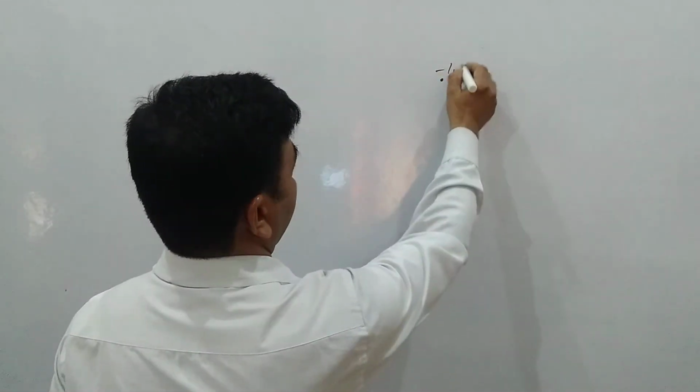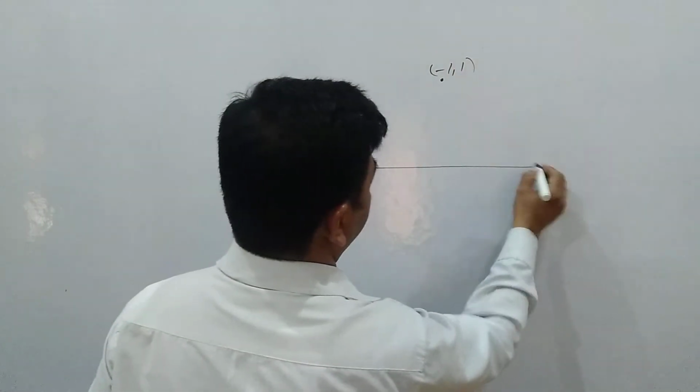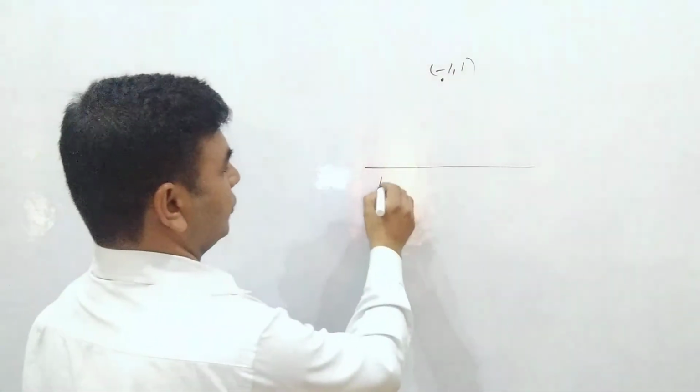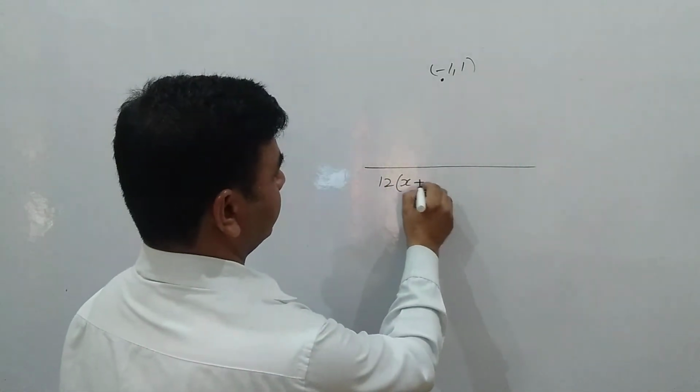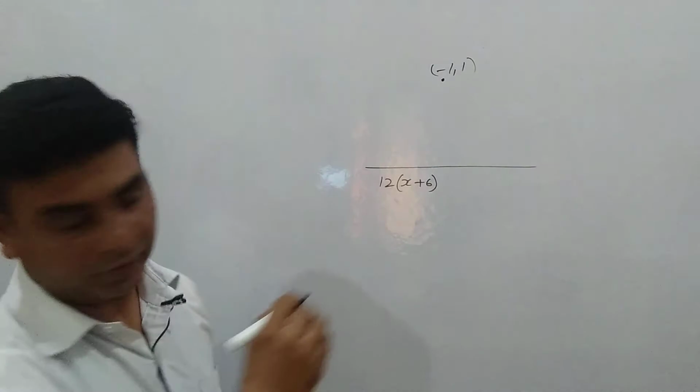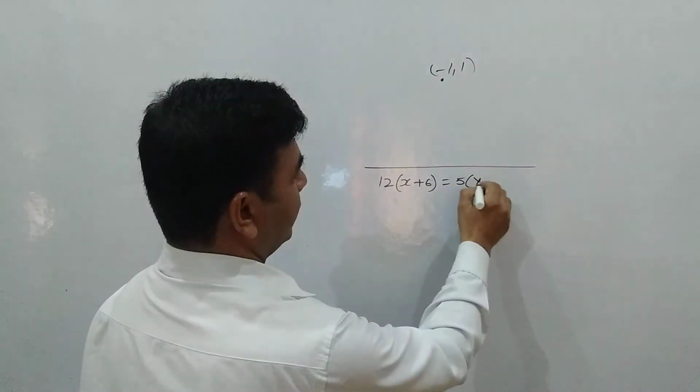So let's do question number 4 first, in which we want to find the distance of the point (-1, 1) from the line 12 times of x plus 6 is equal to 5 times of y minus 2. So this is the given point (-1, 1), and the equation of line is also given, 12 times of x plus 6 equal to 5 times of y minus 2.